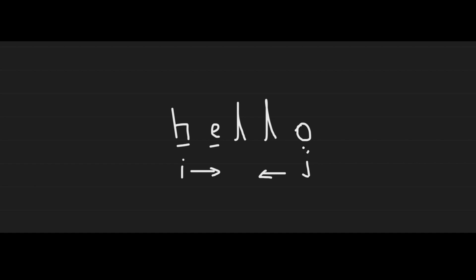We'll check if the character at j is a vowel. If it is a vowel, then we'll stop here, and we will move i till we find the vowel. And once we find it, we will stop here, and we will swap these two vowels.